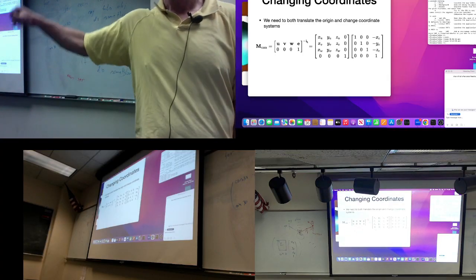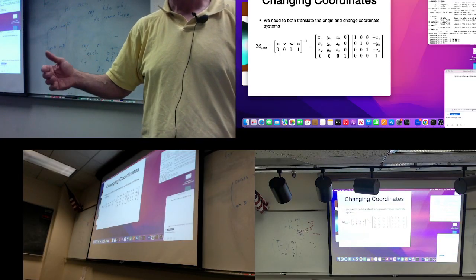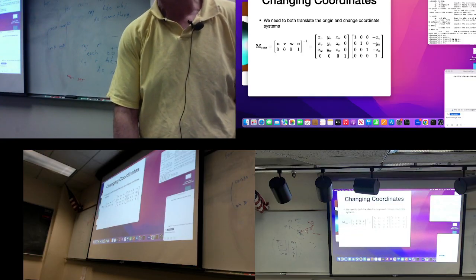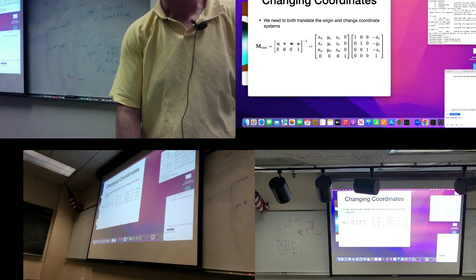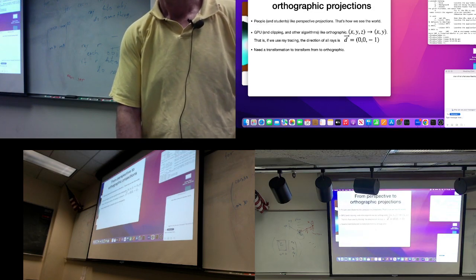With a -1, it's just the opposite direction. And as before, you don't really need to compute the inverse matrix. You could, but you don't need to ever compute it.